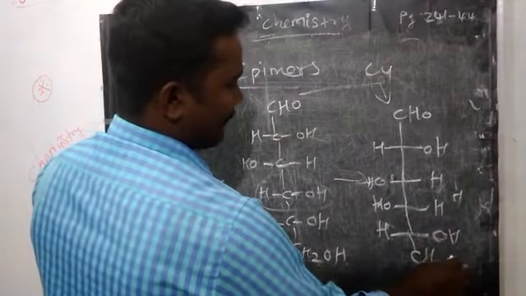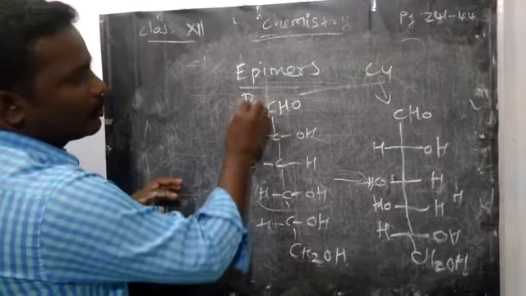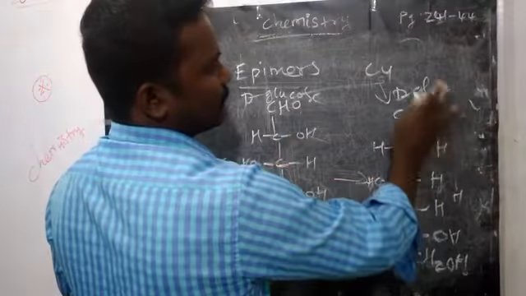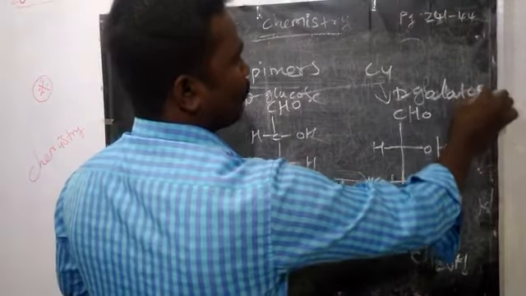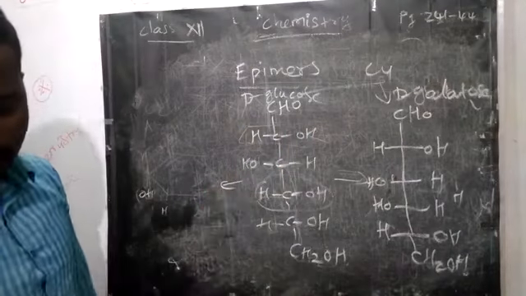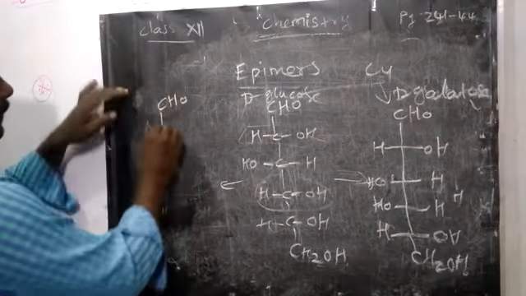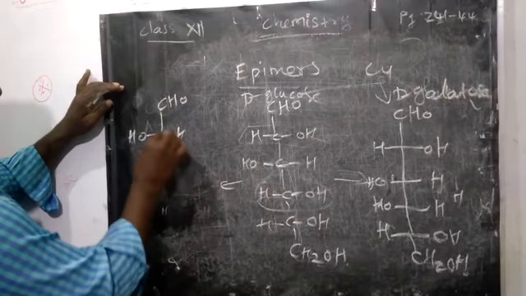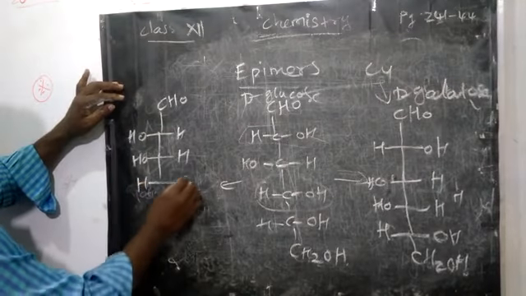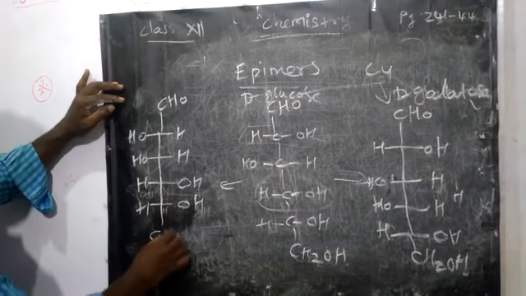This is called galactose. What's the name of the compound? This is D-glucose, and this is called D-galactose. If the C2 carbon undergoes the change, this chiral carbon is different: CHO, OH, H, OH, H, H, OH, H, OH, then CH2OH.